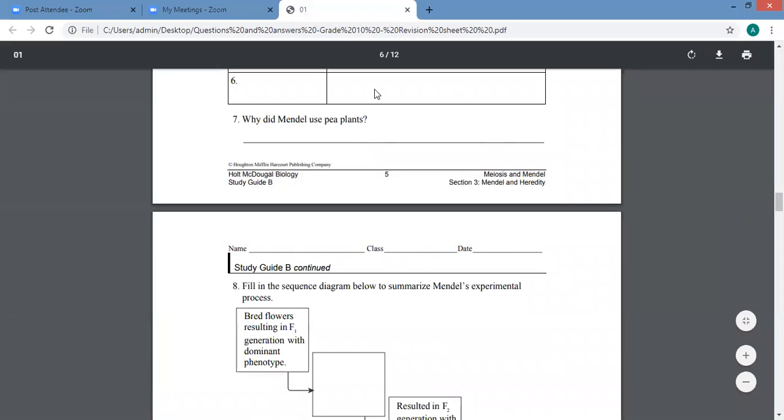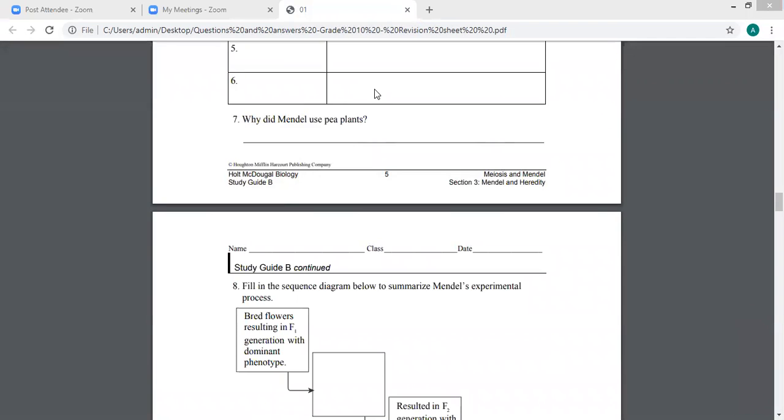Number 7, why did Mendel use pea plants? Because they reproduce quickly and he could easily control how they mate. Mendel chose pea plants for different reasons. For example, its life cycle is very short, so it grows and reproduces quickly and produces a numerous number of generations. And pea plants are hermaphrodite, or bisexual.